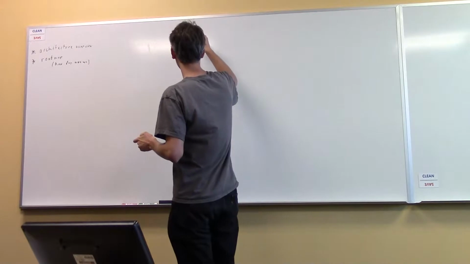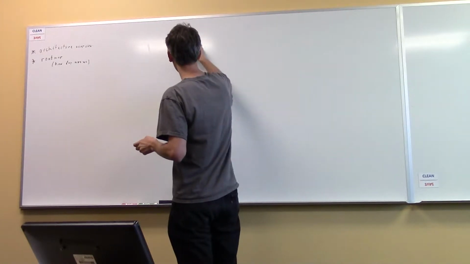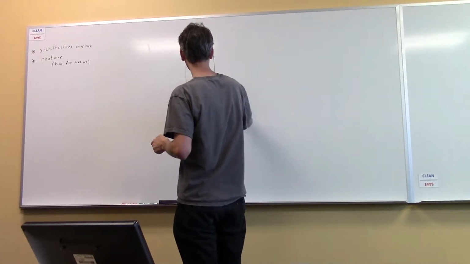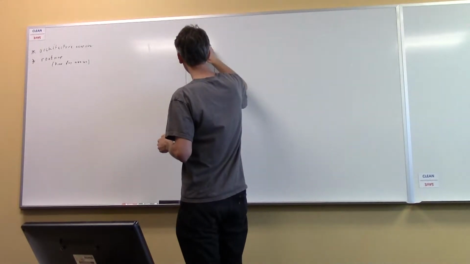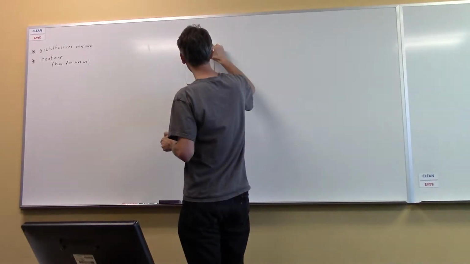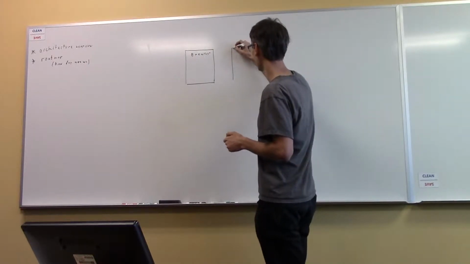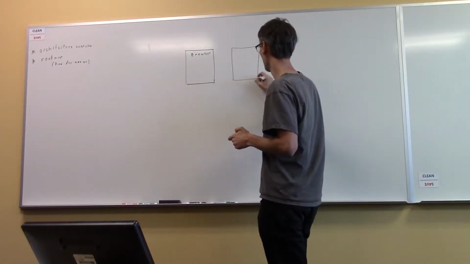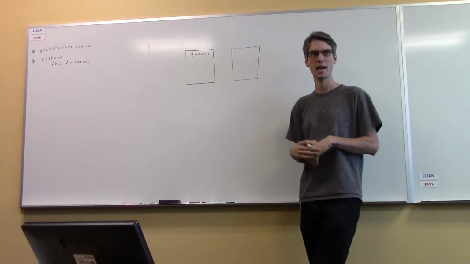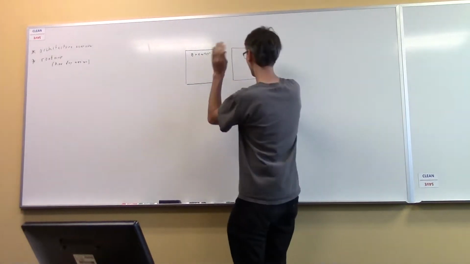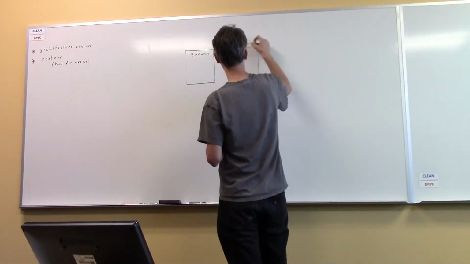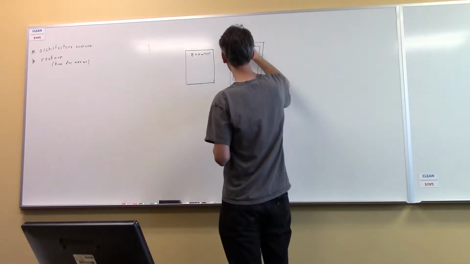So the general idea is we have a browser process. We have renderer processes. I'm going to draw one, but we can have many. It can be one per tab, one per site. Well, we have different ones that live within a sandbox.